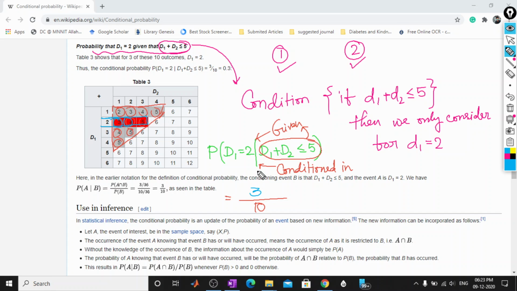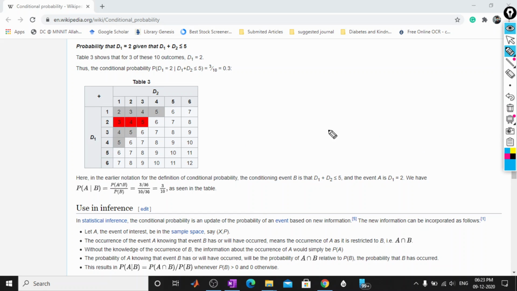We saw this with the conditional probability concept geometrically. Now see this in mathematical form. Let's take our first probability: d1 will be 2, and the value of this probability is equal to a. This is our event, or in another language our random variable.